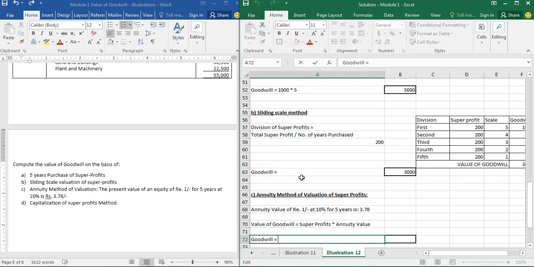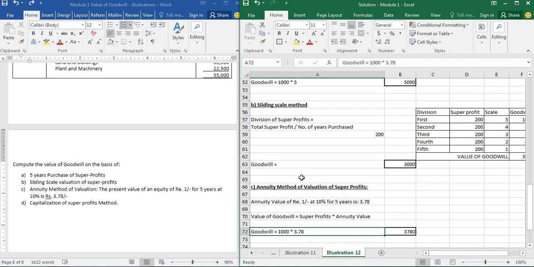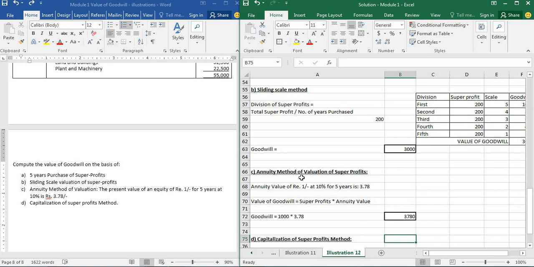The goodwill under this technique will be calculated by taking the super profits, which is 1000 rupees, and multiplying it with the annuity value, which is 3.78. Let us try to find that out. 1000 into 3.78. So that will be 3780 rupees. Under the annuity method, the value of goodwill will be 3780 rupees.